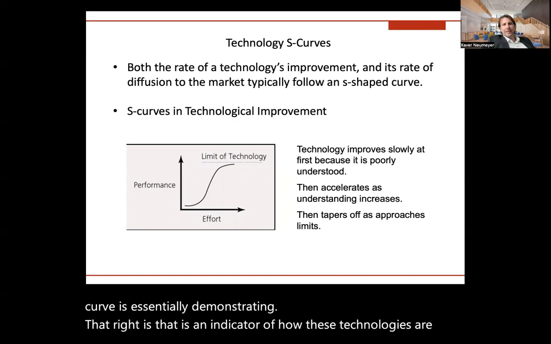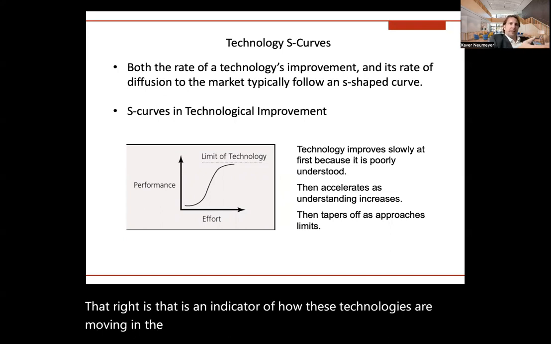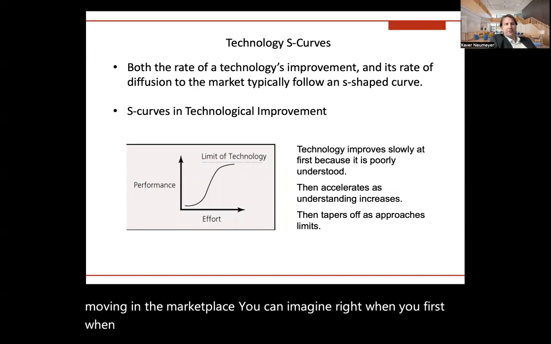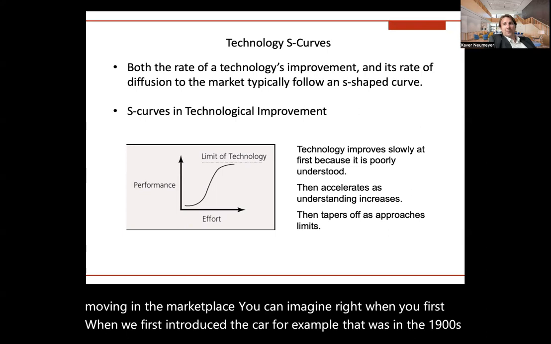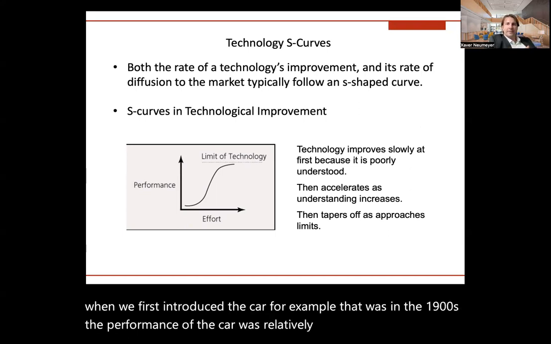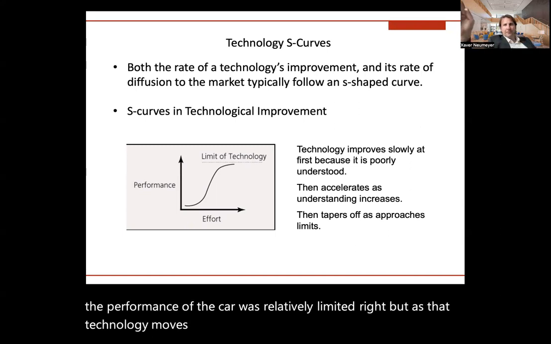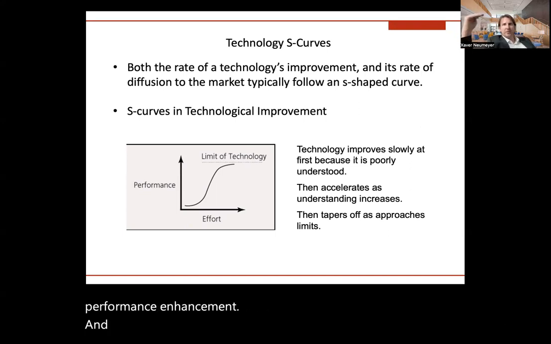You can imagine, when we first introduced the car, for example, in the 1900s, the performance of the car was relatively limited, right? But as that technology moves forward, we typically see a performance enhancement. And as we see a performance enhancement, we also have a higher rate of adoption, right?